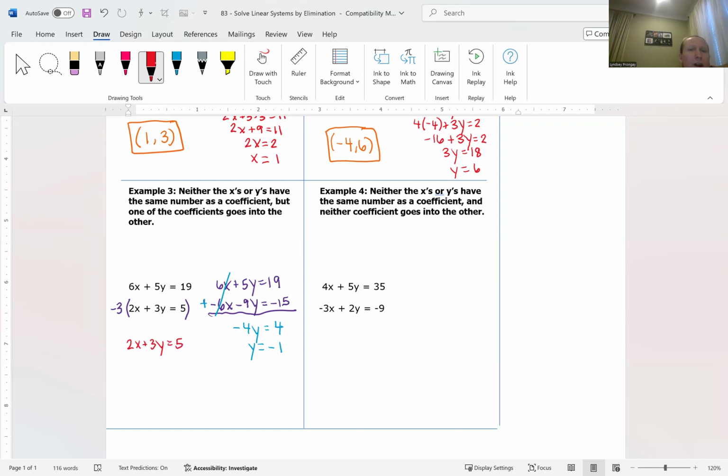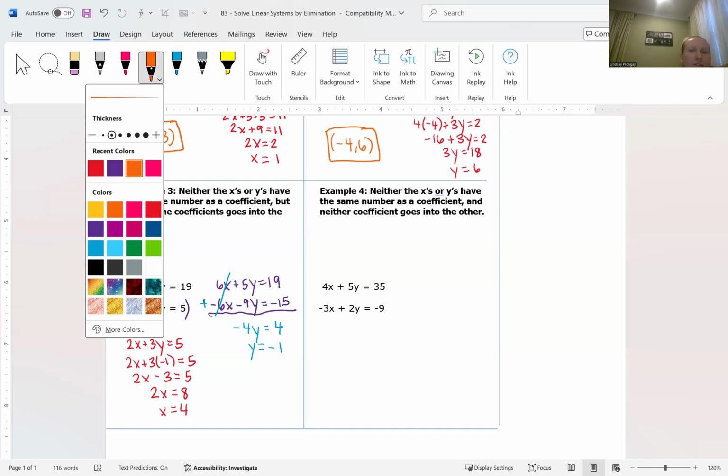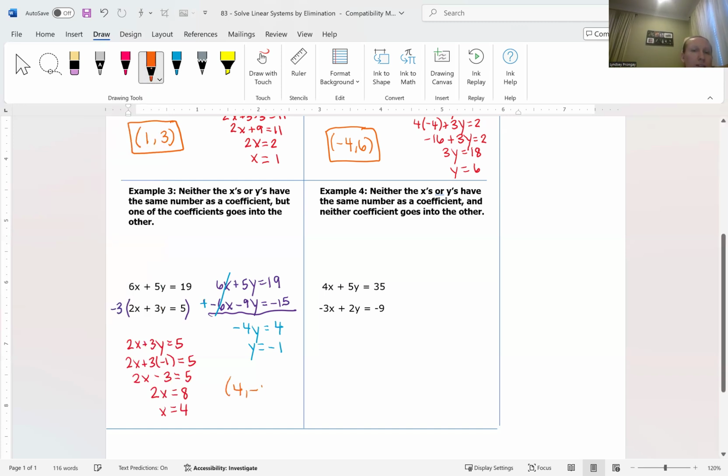We're plugging in y of negative 1. So 3 times negative 1, equals 5. That becomes 2x minus 3 equals 5. We add the 3. 2x equals 8. Divide by 2, x equals 4. And final answer, x is 4, y is negative 1. Okay, so I'm going to add up here because I did not do that yet.